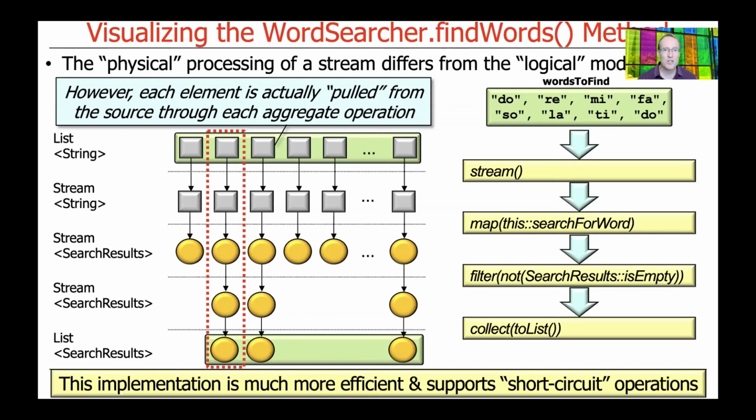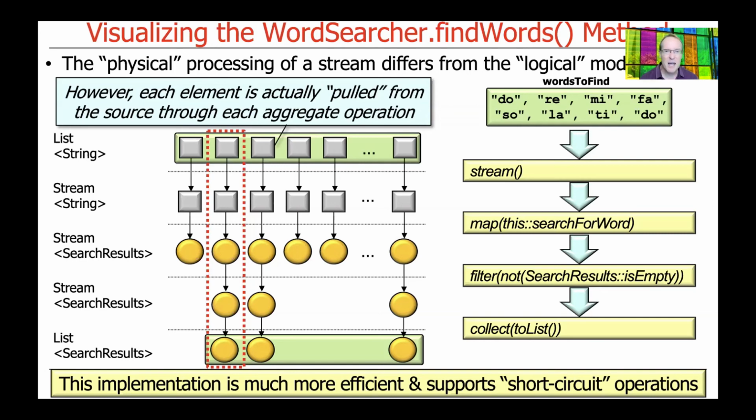Once you know whether something is true or false, you don't bother evaluating anything else in the expression. And streams have a similar concept, not quite the same implementation, but similar in terms of the theme. Namely, there's certain kinds of aggregate operations, both intermediate operations and terminal operations, that can stop the processing before you process all the elements in the stream.